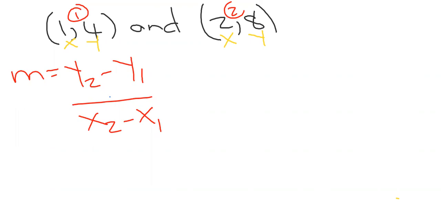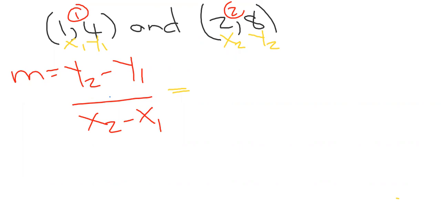Now, because you labeled the first coordinate 1, continue differentiating them further by labeling them x1, y1, and then these ones x2, y2. Now take them and substitute them into your equation so that you can find the value of m, which is your gradient.